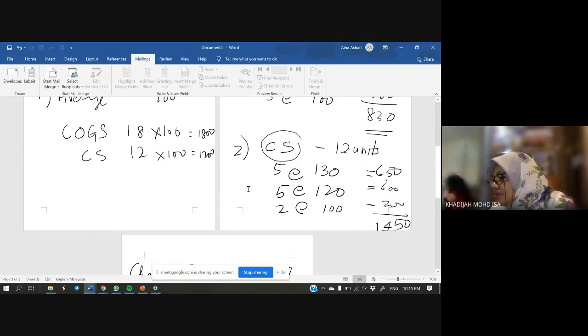Where am I? Stop sharing here. I can share with you the notes just now. What else do you need? The Word file? The Word file for the initial one that we did for perpetual versus periodic statement.